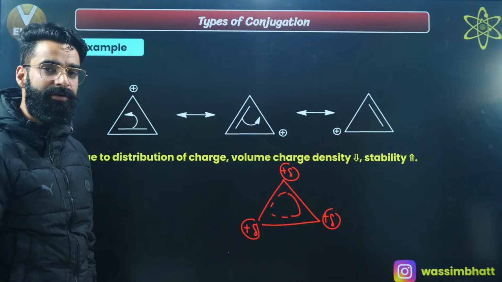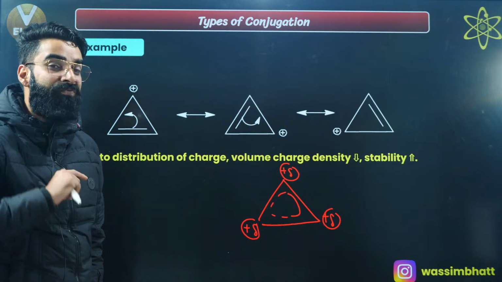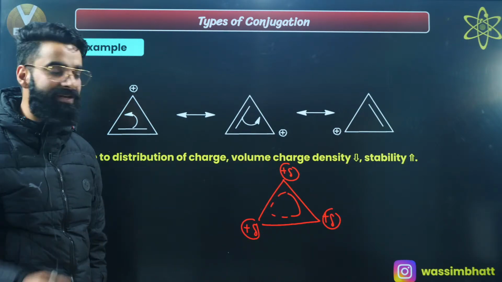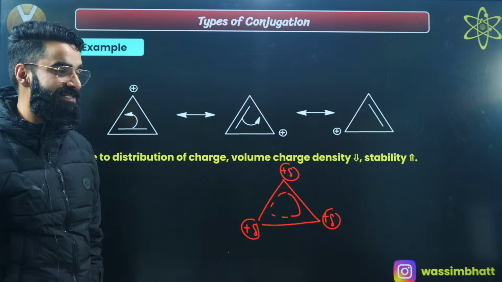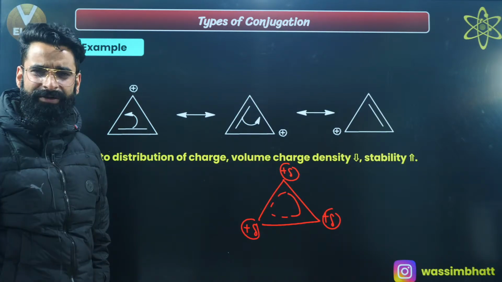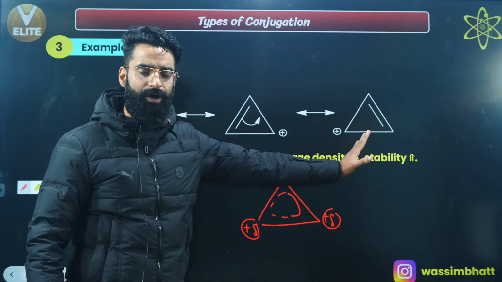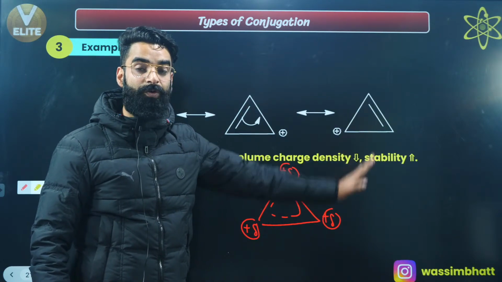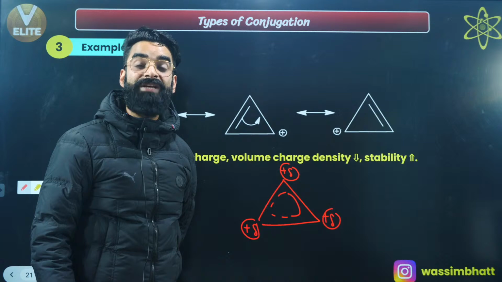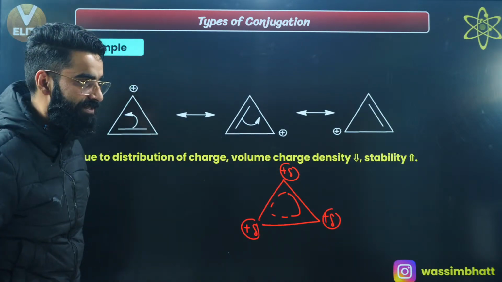If charge is getting distributed, can I say the volume charge density gets reduced, and the lesser the volume charge density, the more the stability. We have discussed that too. Volume charge density is inversely proportional to stability due to the distribution of charges, right? Due to distribution of this charge, the charge density is decreasing, and due to decrease in charge density, stability is increasing. As simple as that, right?